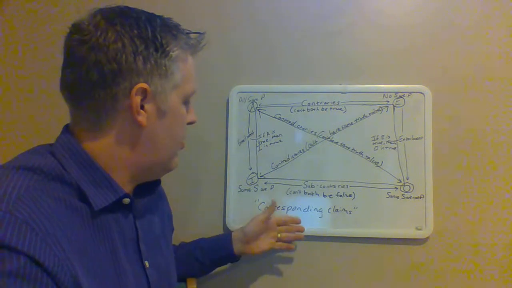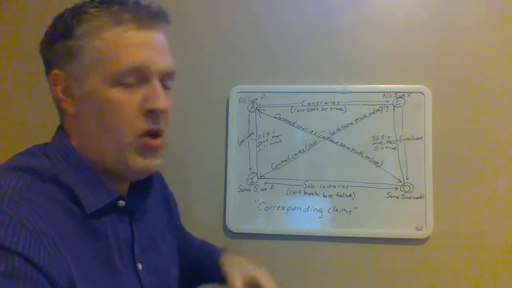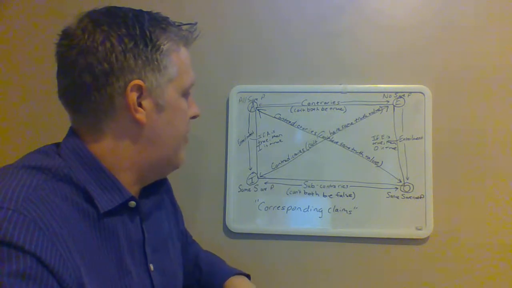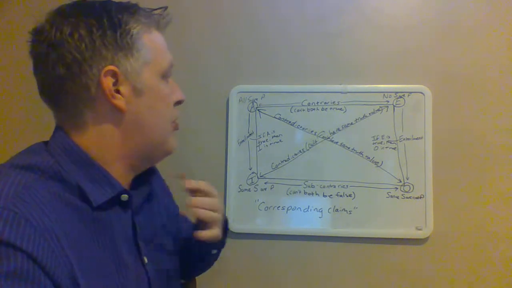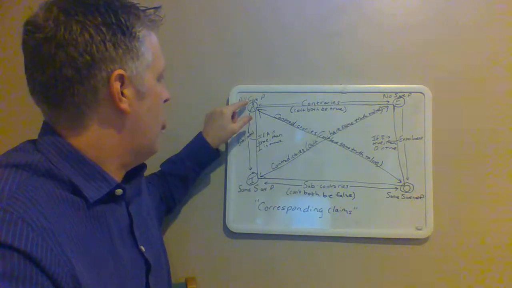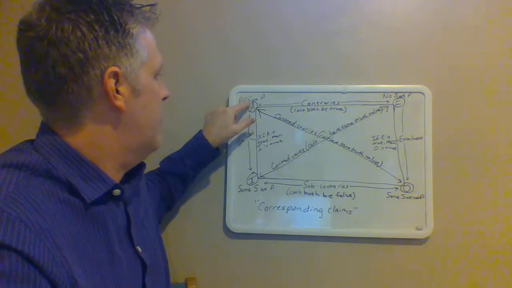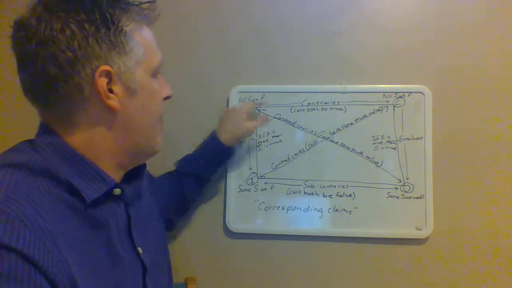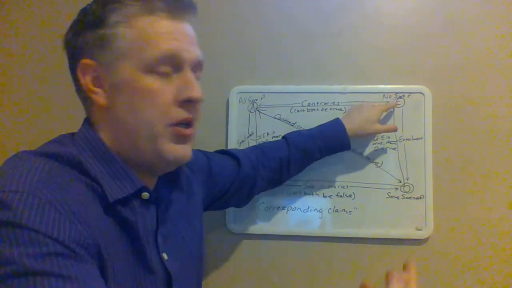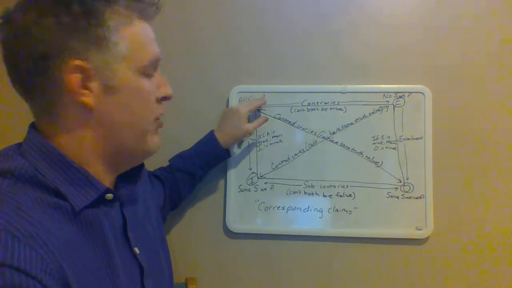Okay, and then as I mentioned, another very important concept is this notion of corresponding claims. What this means is basically two claims correspond to one another provided the same terms are in both their subject and predicate. So the first blank here is the same as the first blank in the corresponding claim, and the same thing is true of the predicate, or the second blank.